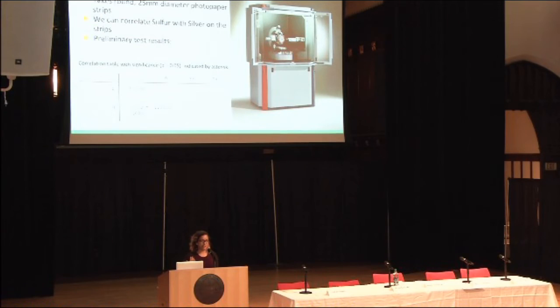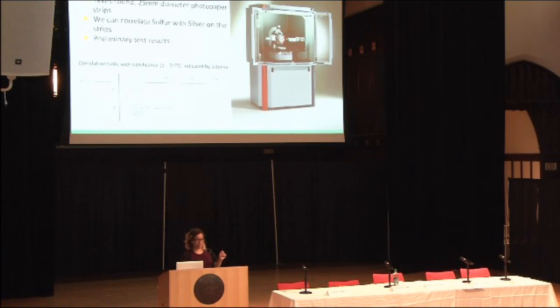Another tool that we're using to prove this correlation between silver and sulfur is the XRD machine. You can measure the amount of aggregate sulfur that reacted with the silver, and then see the correlation between the sulfur and silver.